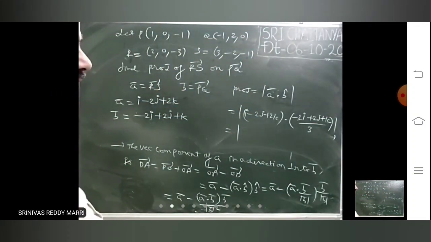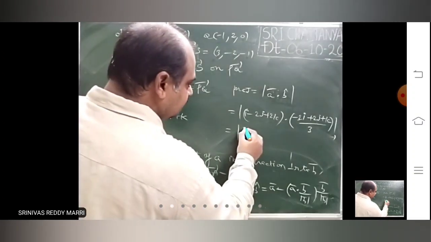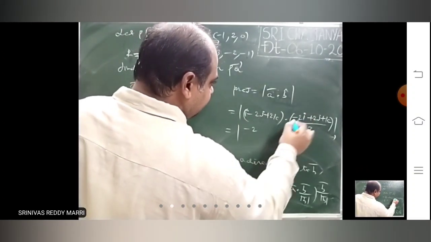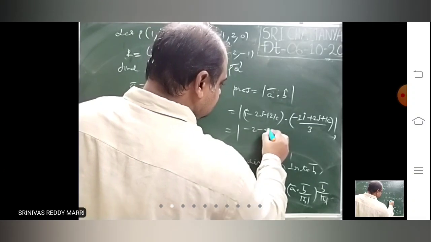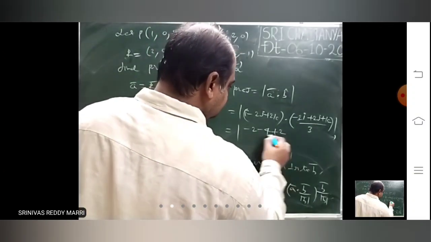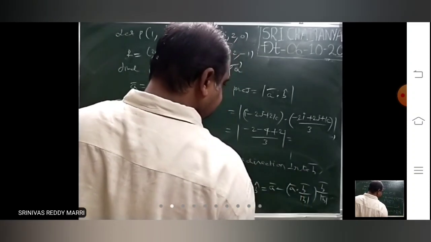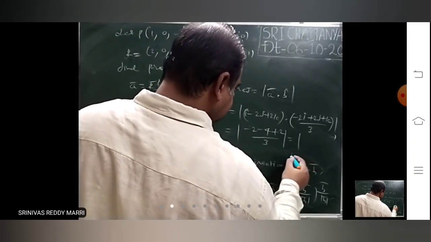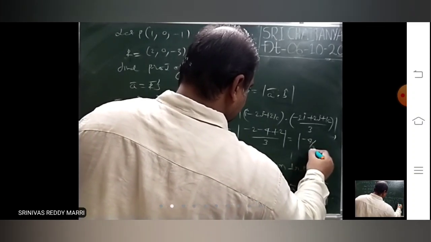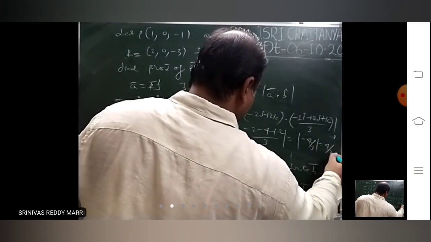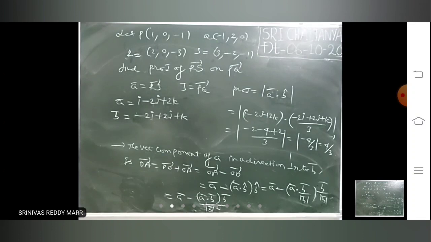So that is minus 2 minus 4 plus 2, divided by 3, modulus, that is 4 by 3.